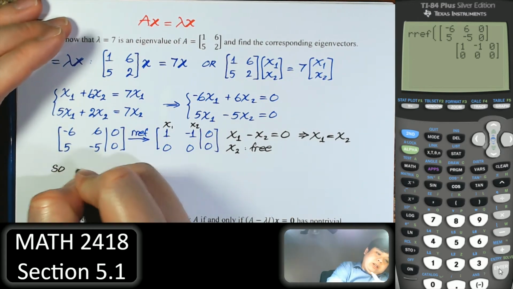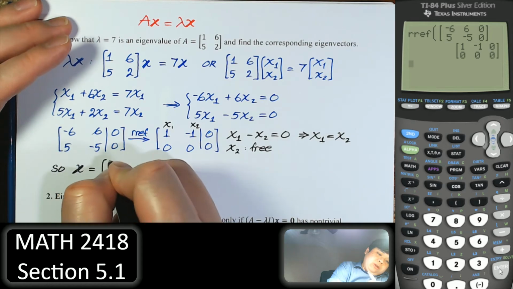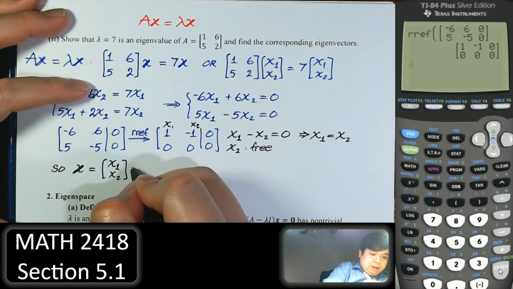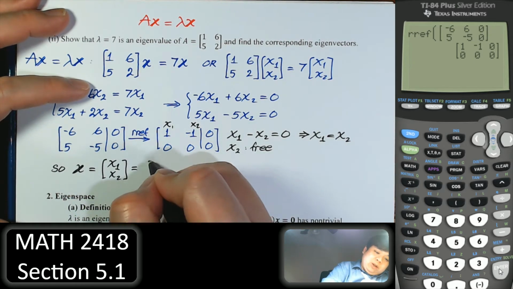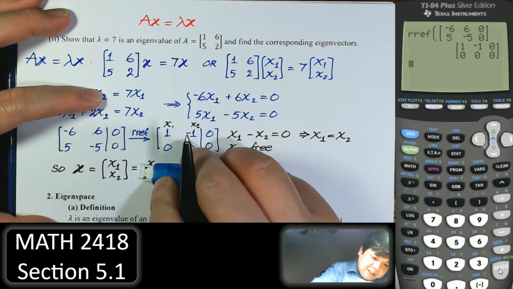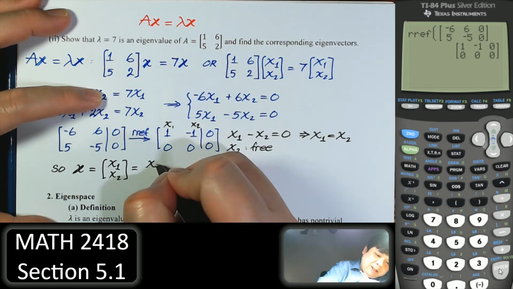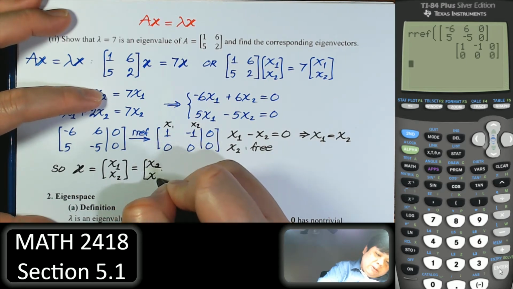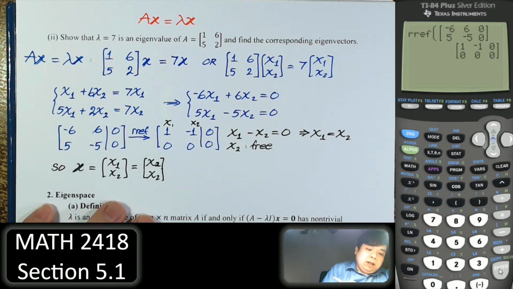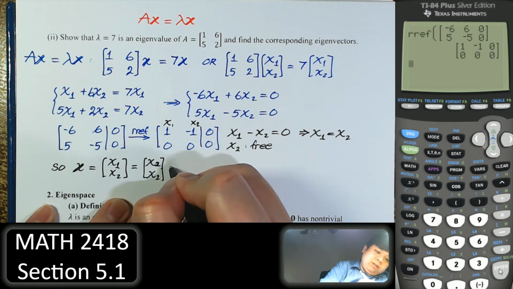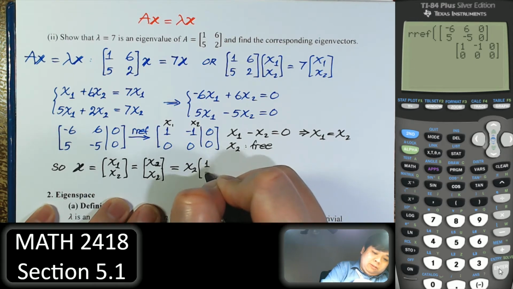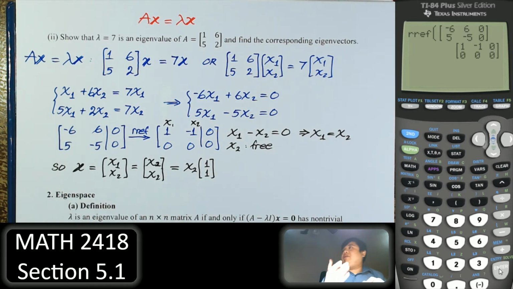So we write the solution x equal to x1, x2, and x1 is equal to x2, so we have x2 and x2. And then we can factor out the x2. So we have infinitely many solutions here.